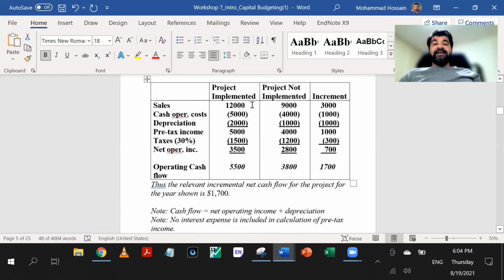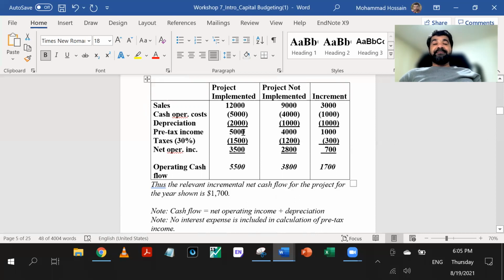Sales will be 12,000. If you do not take the project, your sales will be 9,000. Cash operating cost, if you take the project, is 5,000; if you do not take it, it will be 4,000. Depreciation, if you take the project, is 2,000; if you do not take the project, 1,000.